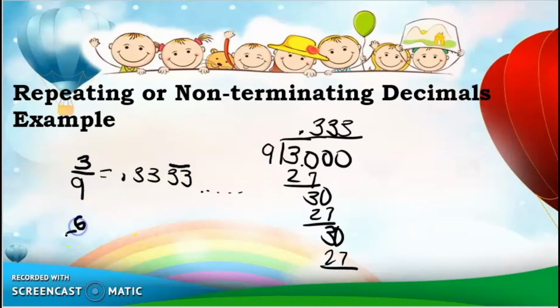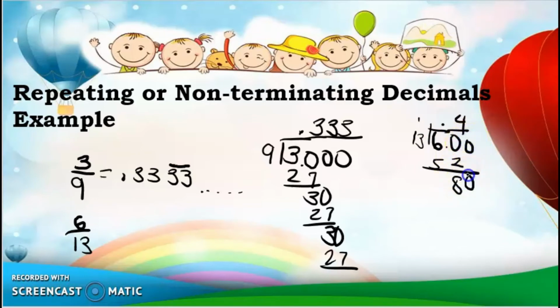6 over 13. If we are going to divide 6 by 13, let's see. 60 divided by 13 is 4. 4 times 13 is 52. 60 minus 52 is 8.